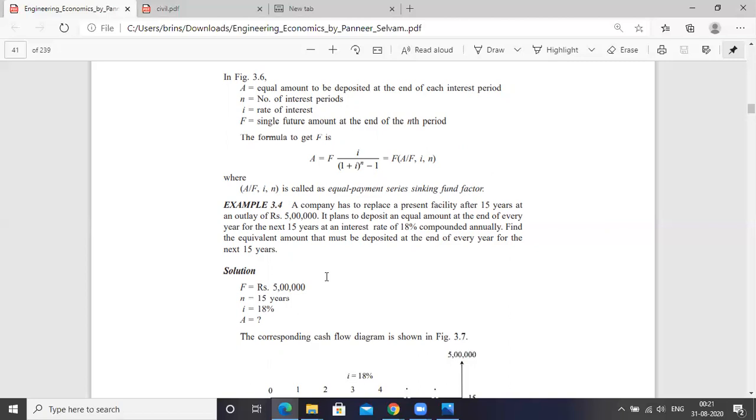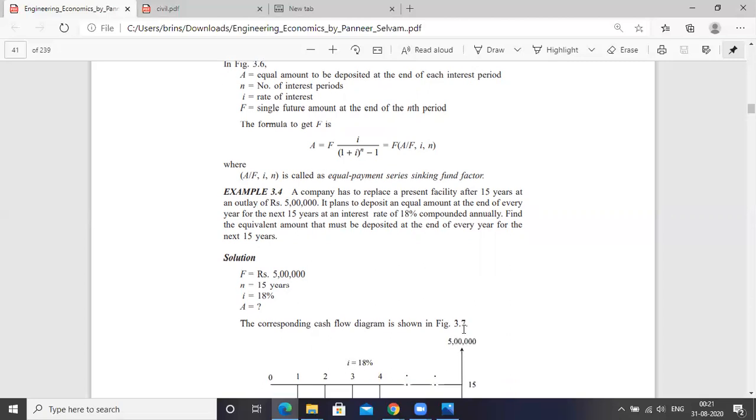Also they have given you a tenure of 15 years and an interest rate of 18. So 18 percent, compounded annually, is your I, and they ask you to find the equal or uniform amount for the same period of time, the next 15 years.